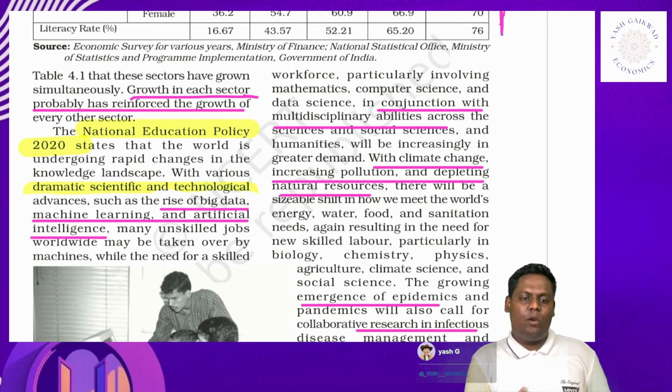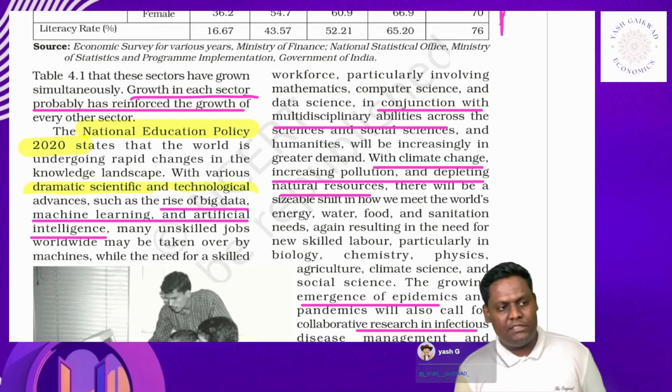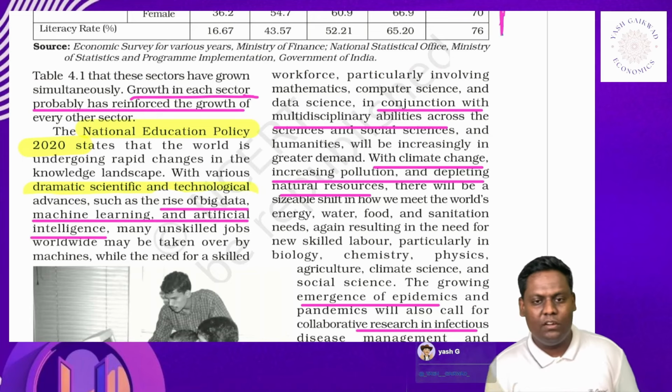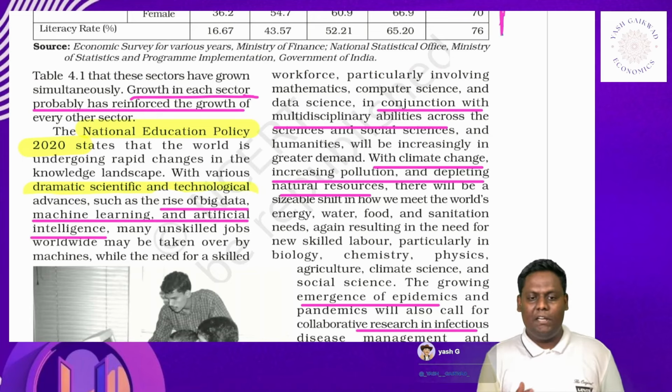At the same time, we are also not neglecting the social or the environmental aspect. We also want our workforce to be more culturally, socially, and environmentally aware, since in 2024 you have seen that the global temperature is rising at a rampant rate.